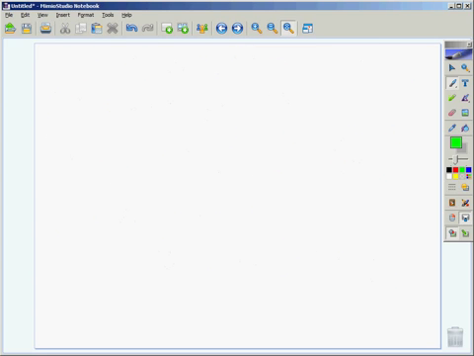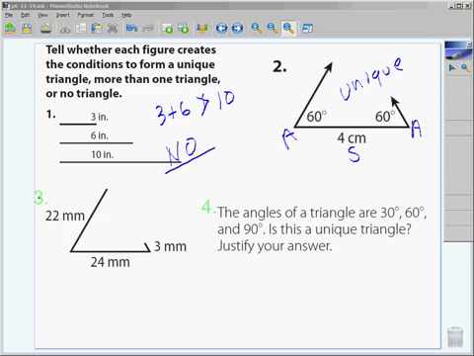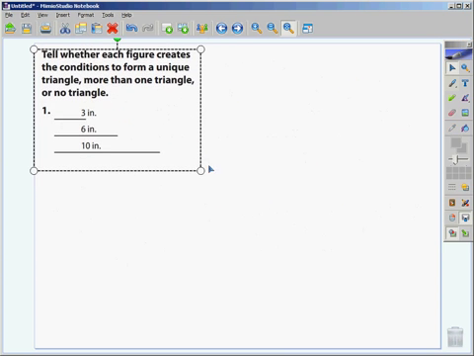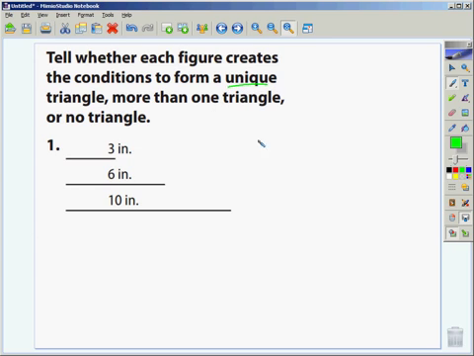So, if they give me this, and they ask me to tell whether this figure creates conditions that would form a unique triangle, more than one, or no triangle.